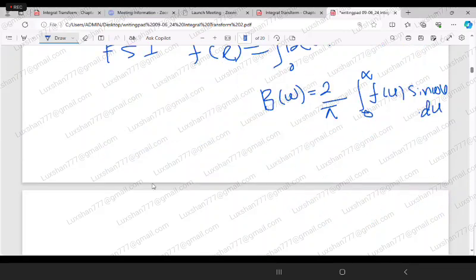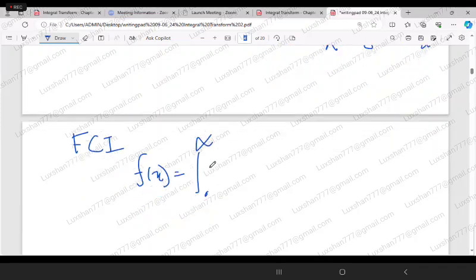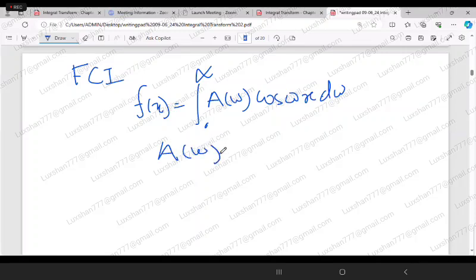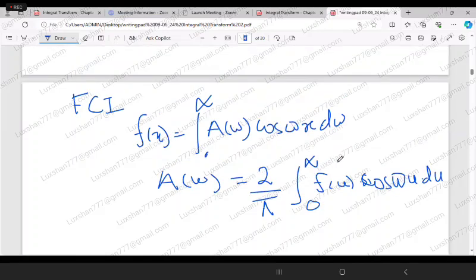Similarly, you can define the Fourier cosine integral: f(x) is equal to the integral from 0 to infinity of a omega cos omega x d omega, where a omega is equal to 2 over pi times the integral from 0 to infinity of f of u cos omega u du.